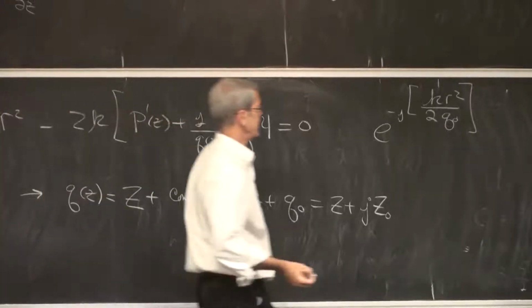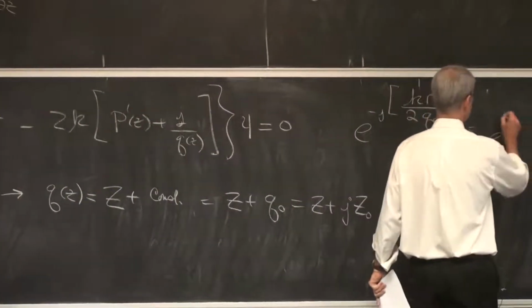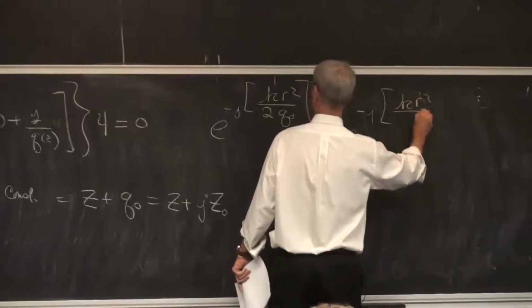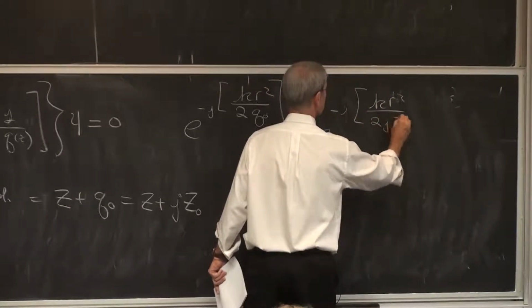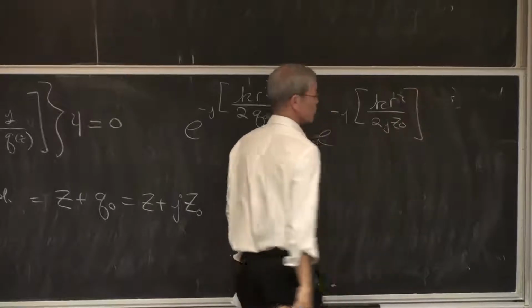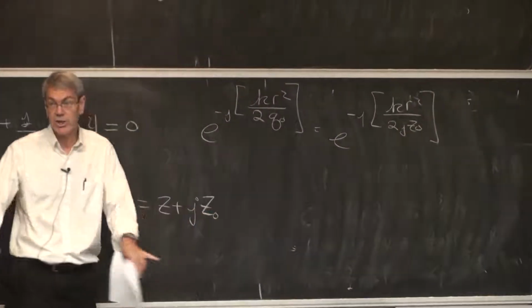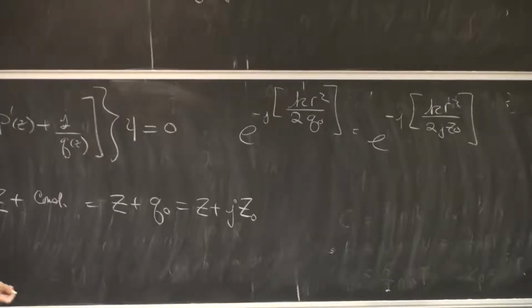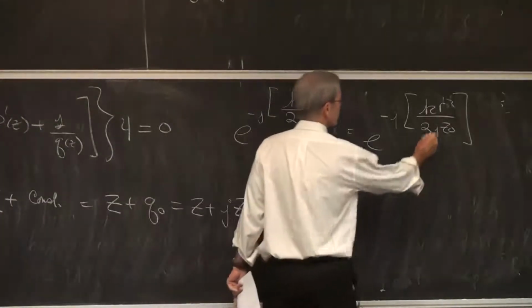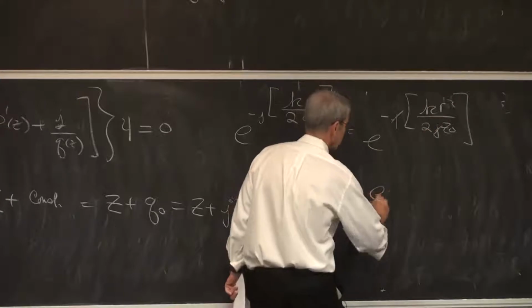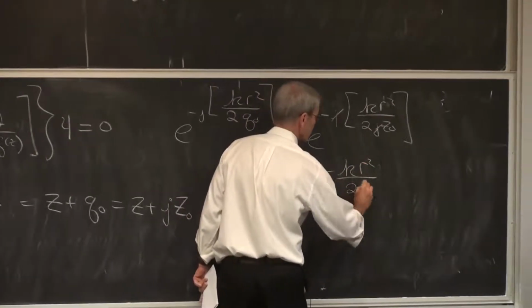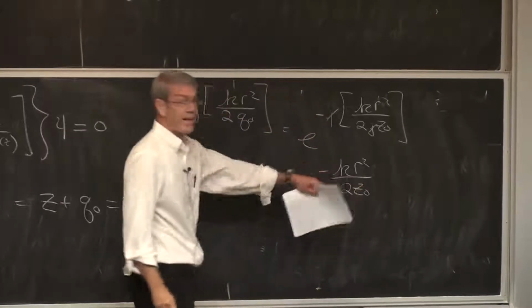When I plug that in, I get e to the minus j k r squared over 2 j z naught, where z naught is just some variable. It's a constant. I don't know what it is yet. But I like this a lot better because the j's cancel and I get e to the minus k r squared over 2 z naught. And that looks like a Gaussian.